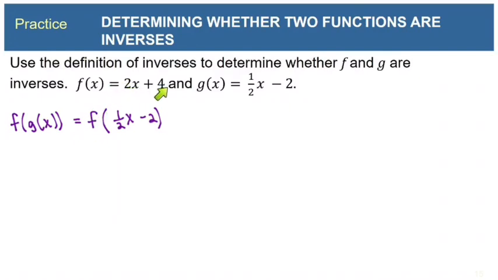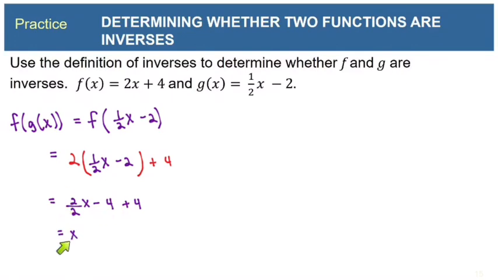So 2x plus 4 is now going to become 2 times this expression plus 4. So we'll have 2 times that expression plus 4. And now distributing the 2, we're going to have 2 over 2x minus 4 plus 4. The minus 4 and plus 4 will add up to 0, and the 2 over 2 will reduce to 1. So this way we reduce to 1x, which is what we wanted.